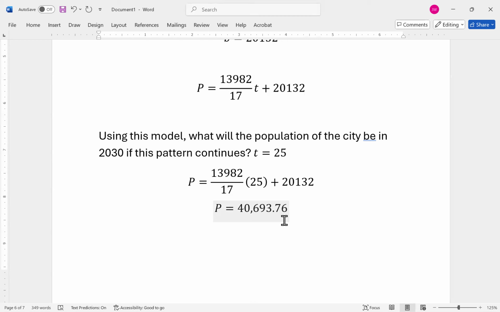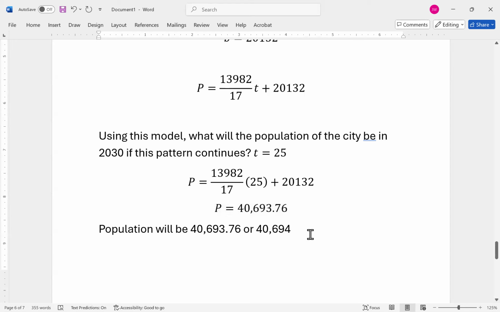If somebody says, well, let's be really strict because the population is forced to be a whole number, they'd say the population will be 40,694. Either way is okay.